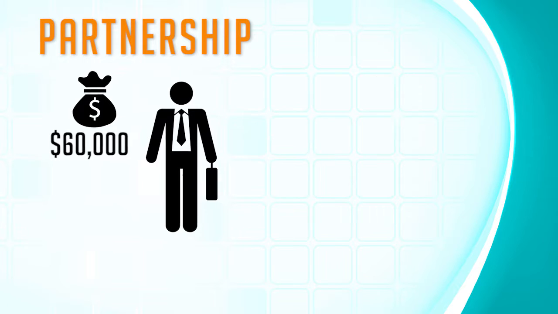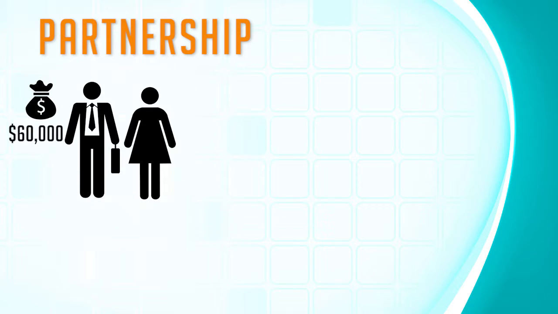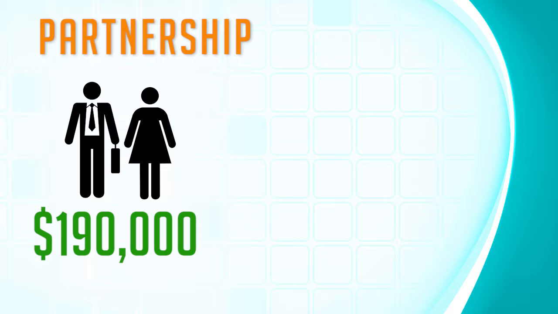For example, Jack is married and with his wife's income has an additional taxable income of $130,000. So his total taxable income is $190,000.